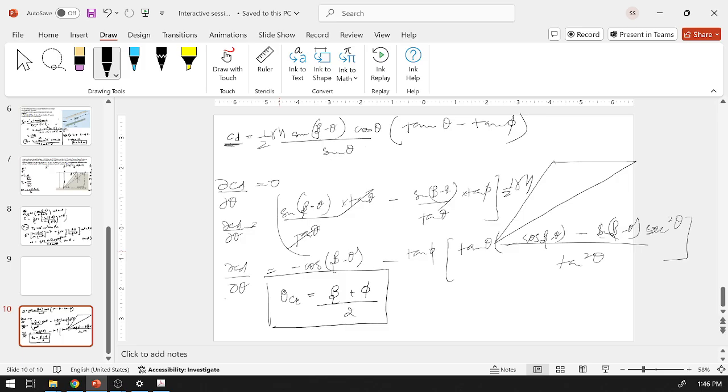And when we substitute this, we get gamma h by 4, 1 minus cos of beta minus phi over sine of beta cos of phi.